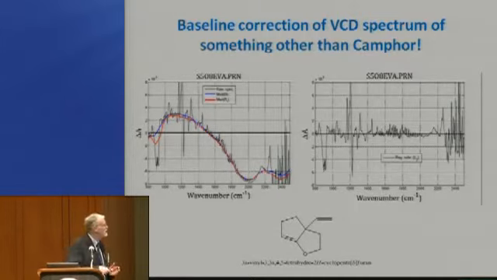And he sent this particular compound here, whose name, according to my organic chemistry colleague, is shown down here. It's a chiral compound, and this is the VCD spectrum as sent to us. It's got a bad baseline. We used exactly the same parameters that we used before, and you get good baseline correction.